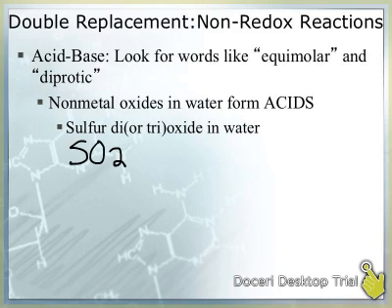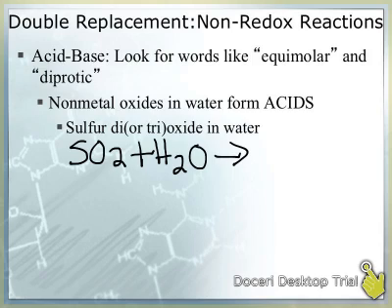Okay, to form an acid, we have to mix it with water. So I'm going to write plus H2O. Then, when I mix sulfur dioxide with my water, I'm going to form an acid. I bet you guys can already assume how we're going to do this, but how many oxygens do I have right now? 3.